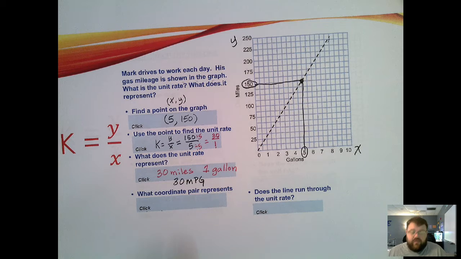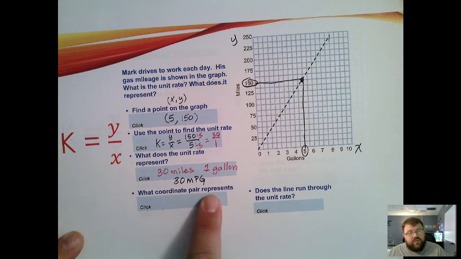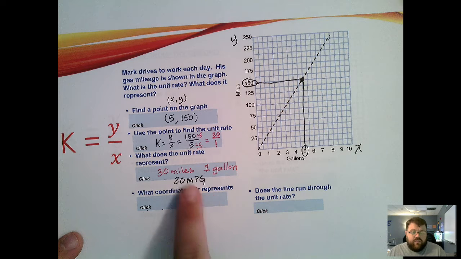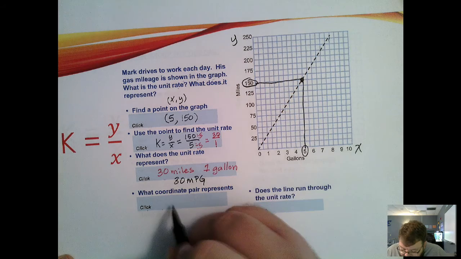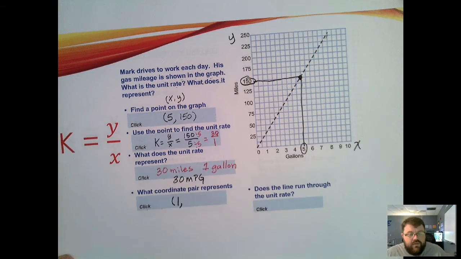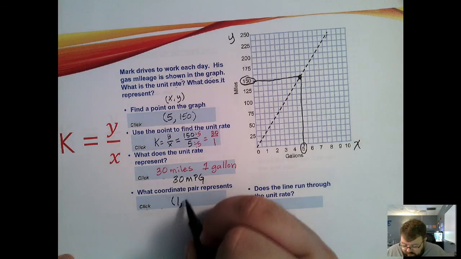Now let's talk about what the coordinate pair represents. What coordinate pair represents this? You need to think of a unit rate, so you should think of the number 1. The 1 is the x value. The R, or the unit rate, is 30.